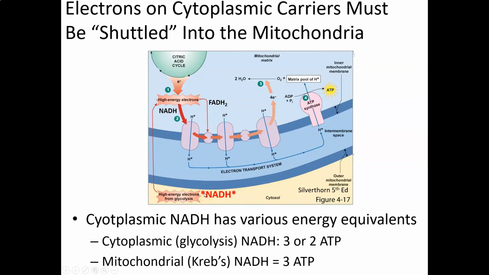Now, here's one of the problems that we have, and that's when we look at the economics of what's happening. This all occurs in the mitochondrial membrane, okay? And that means that in order to have NADH or FADH2 made into ATP, I have to get the NADH or FADH2 into the mitochondria if it's made outside.